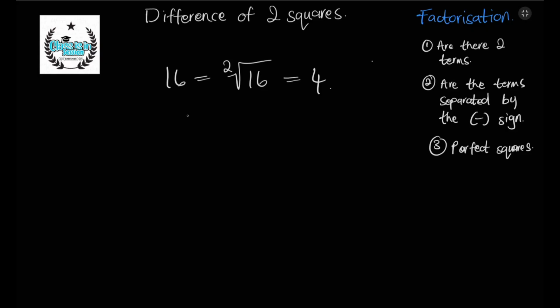So just to remind you, when you have a square root and you want to answer, you have to say inner over outer. So this is basically 16 to the power 1. You know there's an invisible 2 there, as well as an invisible 1. So we have to write our base, which is 16, then inner over outer. 16 to the power 1 over 2. 16 to the power 1 over 2 is 4. That is how we break roots in mathematics.